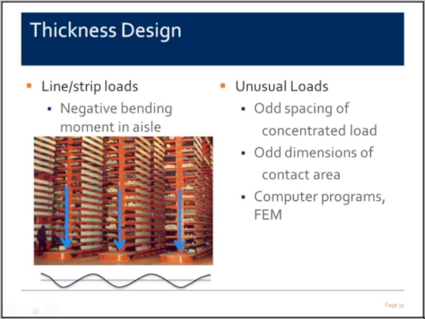If you were to have a loading, for example, in this case, I'm showing a line strip load example. In this case, negative bending moment in the aisle might be an issue. These steel bars are supported out of these racks, and you basically have a line load going into your slab here. And the slab will deflect as shown at the bottom here.